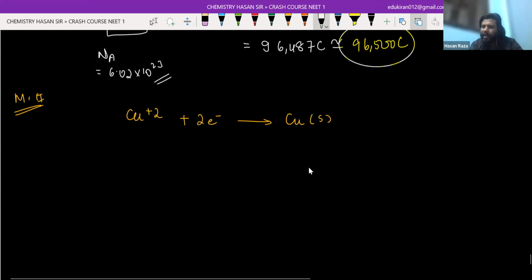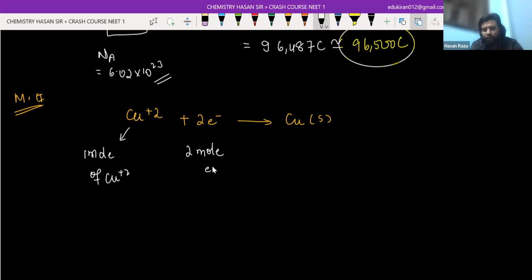Now this equation is balanced, so you can easily write it in terms of stoichiometry: 1 mole of Cu2+ reacts with 2 moles of electrons, and that will give you 1 mole of copper deposited. That all depends upon the stoichiometric coefficient. Why is it 1 mole? Because the stoichiometric coefficient is 1 here, and this is also 1. Are you getting my point? And this is your 2. Yes or no?